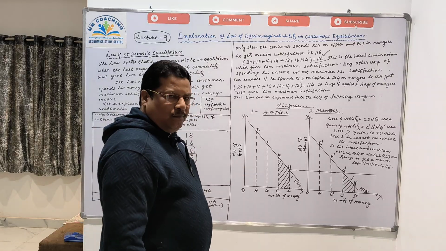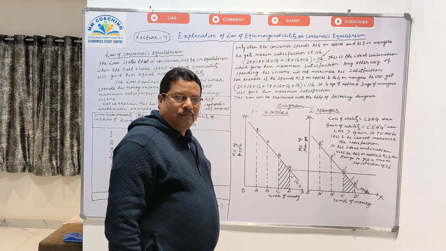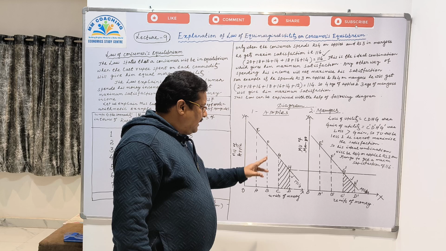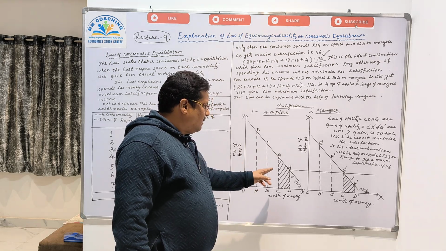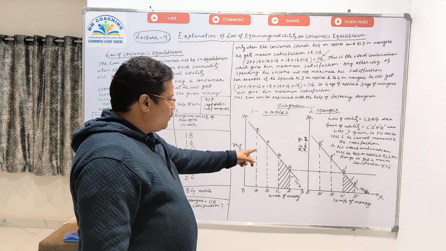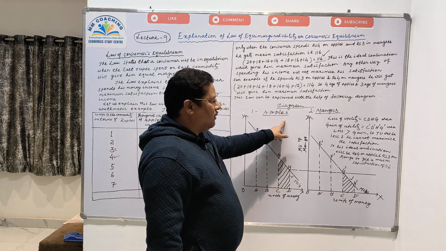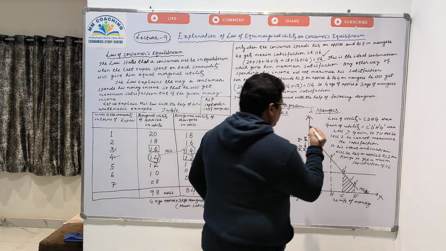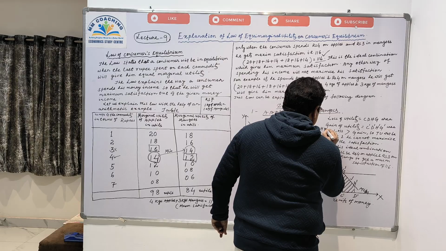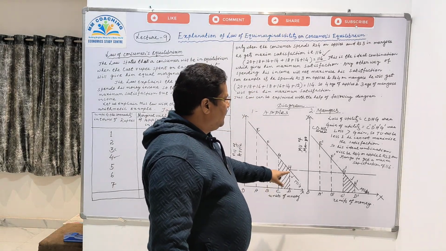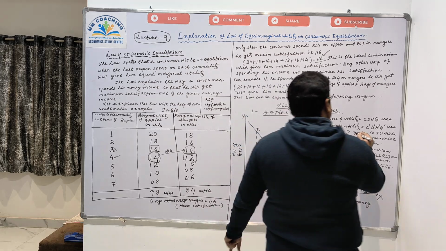So look at the diagram. You can very well compare whether loss is greater than gain or gain is lesser than loss. You can very well see that loss of utility from apples, that is CDHG area, this is his loss, is definitely greater than the gain.